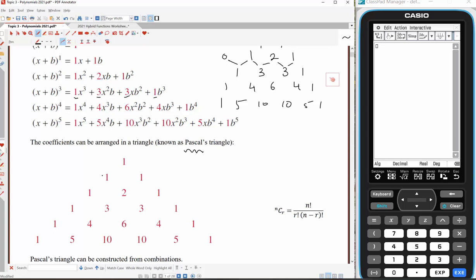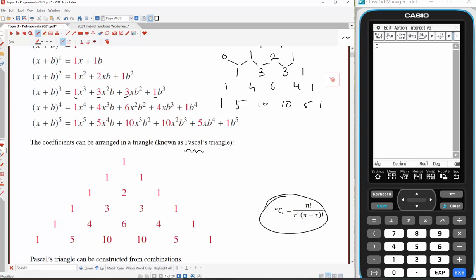There's all sorts of patterns in Pascal's Triangle, but it just so happens that the coefficients of an expansion like this also fall out of Pascal's Triangle. There's Fibonacci in here somewhere. I can't exactly remember where, but you can find the Fibonacci sequence in there, all sorts of other things.